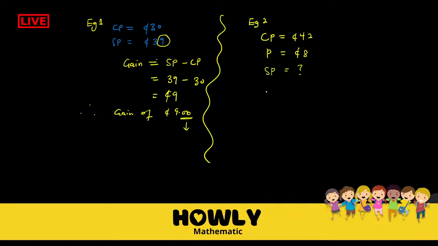Then they are saying that we should find the selling price. The formula here is profit equals selling price minus cost price. So we know the profit, we don't know the selling price, so we present it by a variable. Then we know the cost price to be 40, so it becomes 48. Basically, the selling price becomes cost price plus profit.